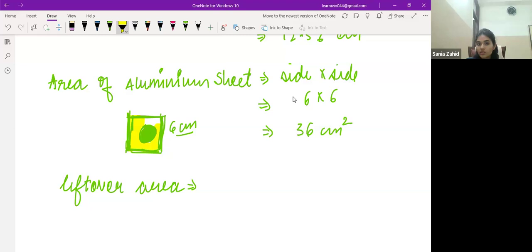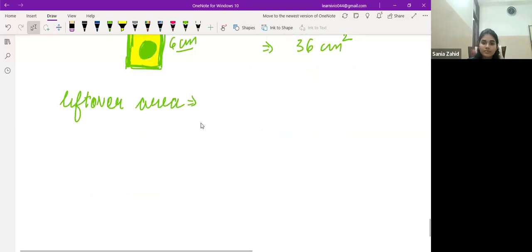So how do you find the value of this yellow part? If I subtract the area of the circular sheet from the area of the aluminium sheet, I will get the leftover area, isn't it? Oh yes, ma'am.